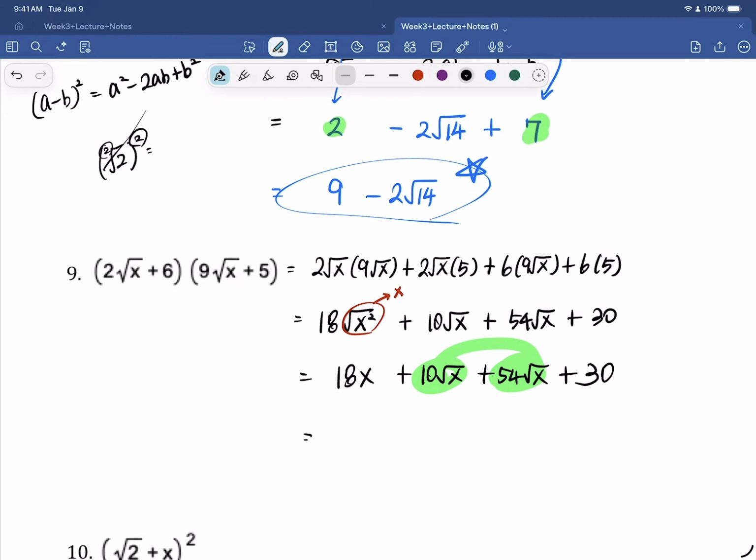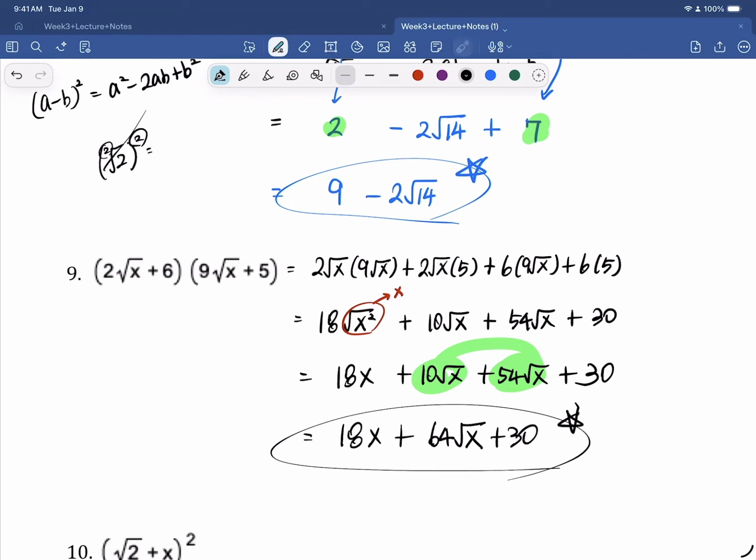So the final answer is 18x plus 64 square root of x, and then plus 30. Okay. These two are non-like terms, okay? So that's why 18x plus 64 square root of x plus 30.